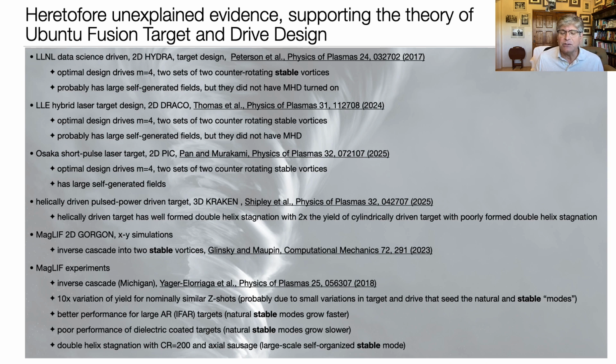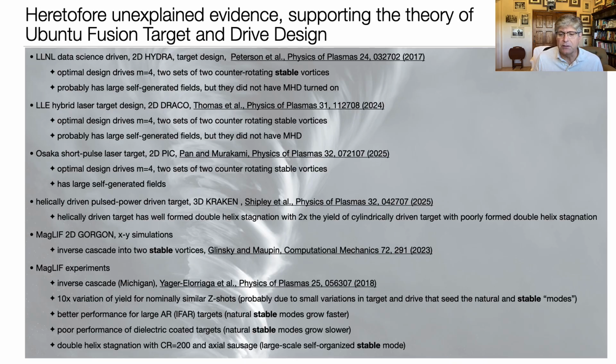The data science group at Lawrence Livermore National Laboratory, when they optimized the 2D laser ICF target design, found that the optimum metastable design was a laser RFP yielding a quadrupole stagnation consisting of 4 vortices.